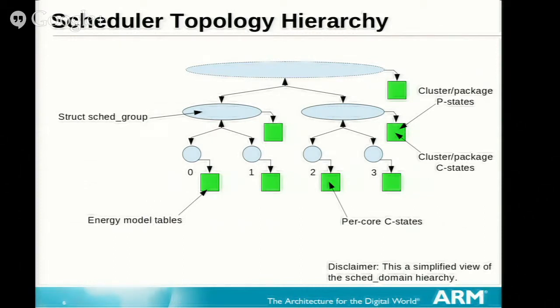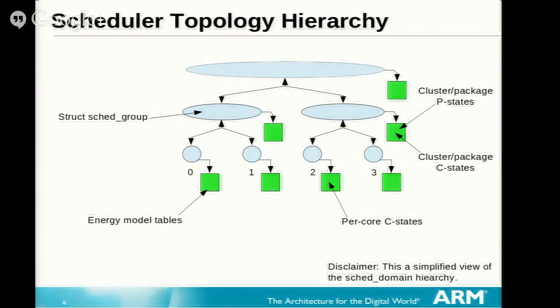So, for example, in TC2, if you have CPUs in WFI, then each CPU will leak a certain amount of power while in WFI, but at the same time the cluster might be up. So the power associated with what's consumed at cluster level needs to be represented in the table associated with the cluster.